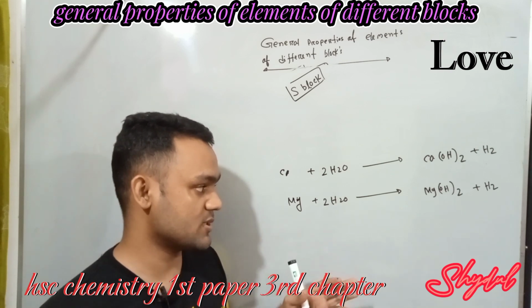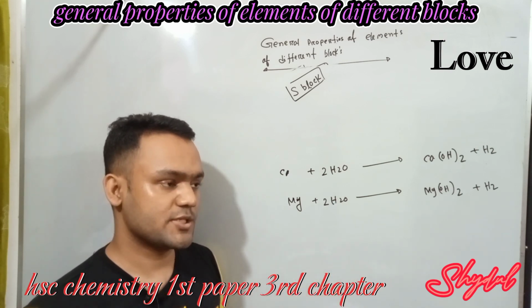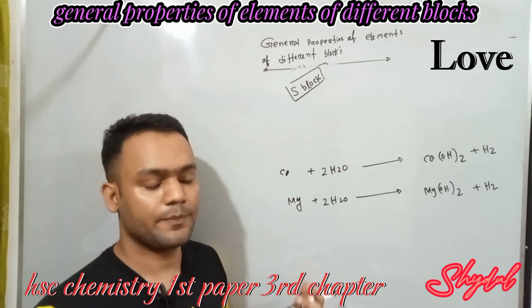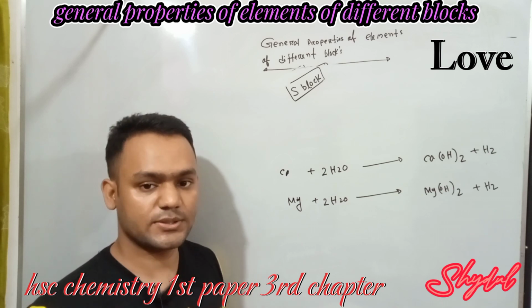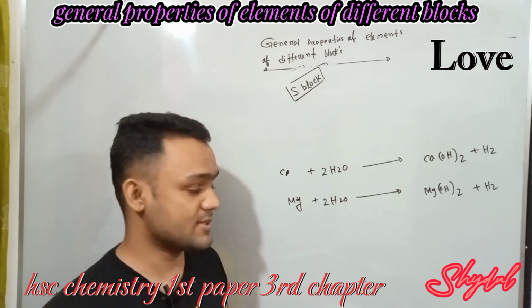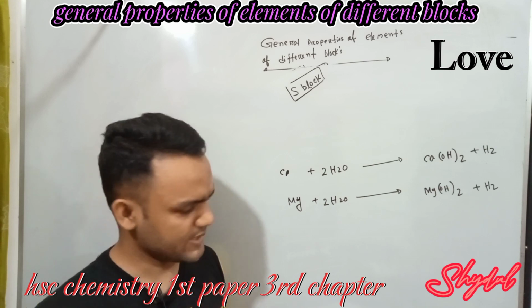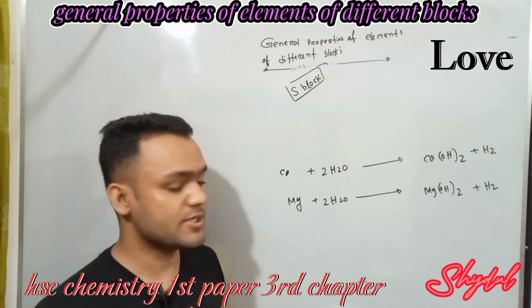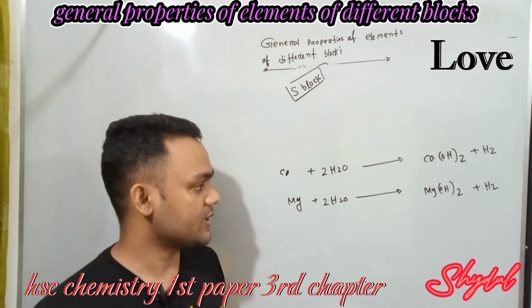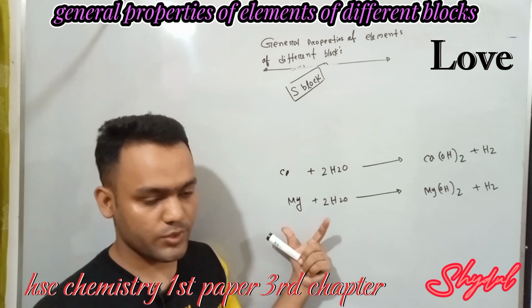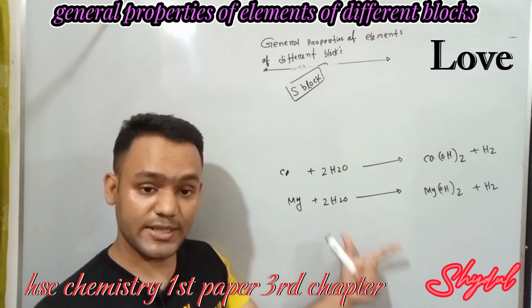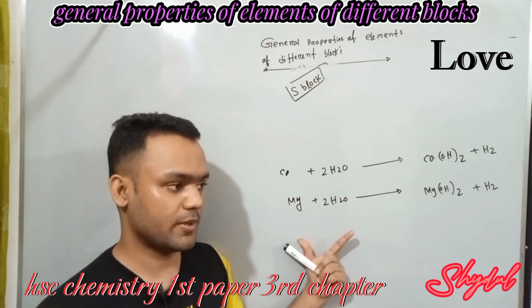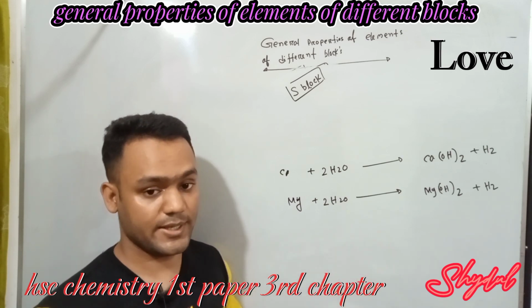Group number 2 also reacts with water, but the hydroxide created is not a strong base; it is a hydroxide of an alkaline earth metal, and hydrogen.